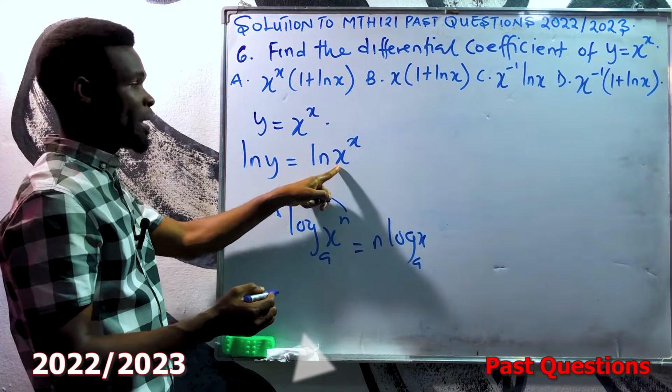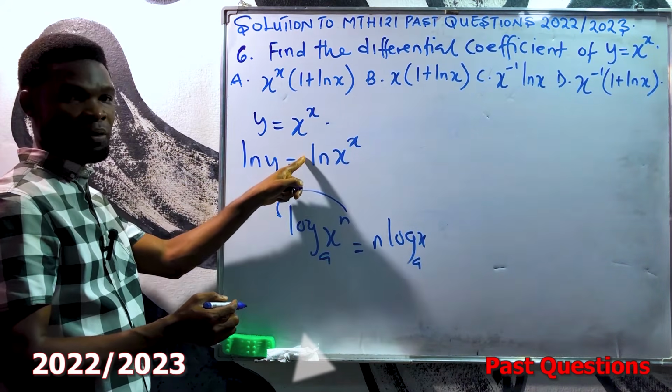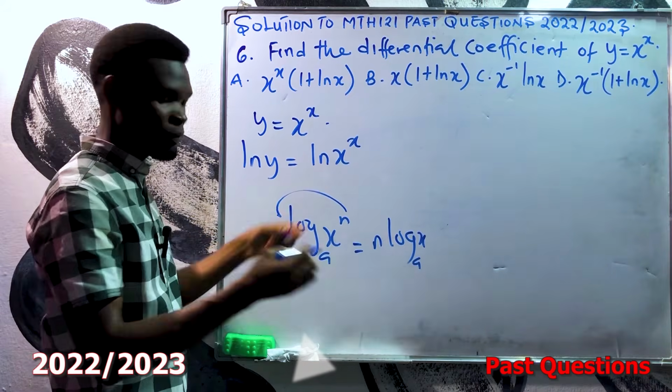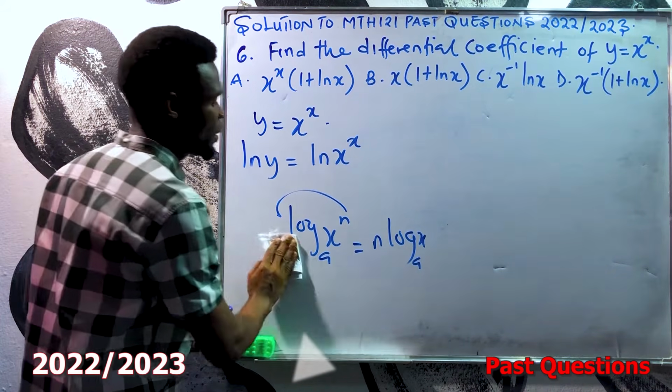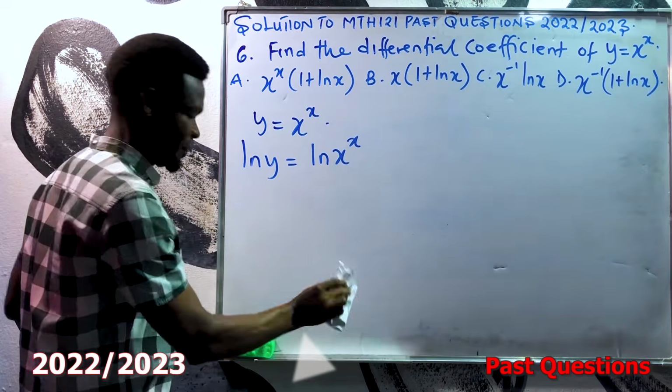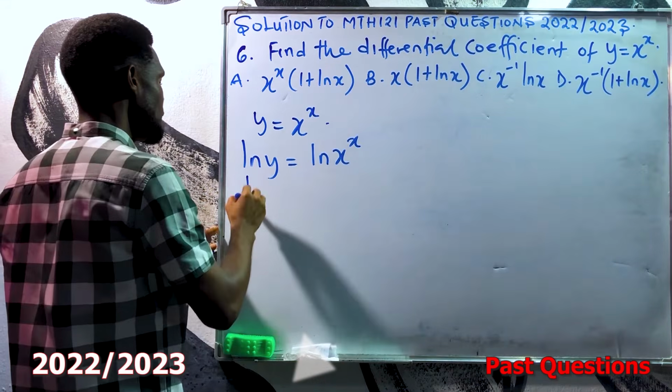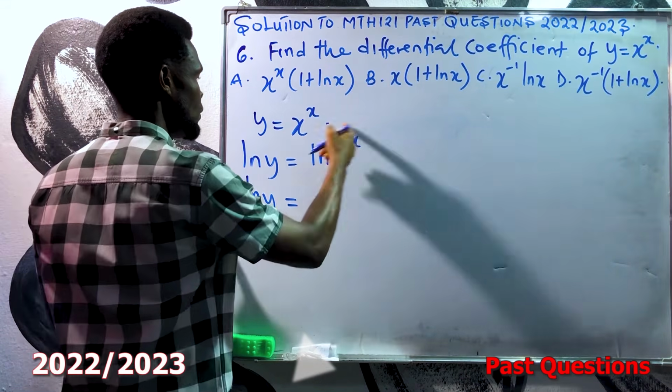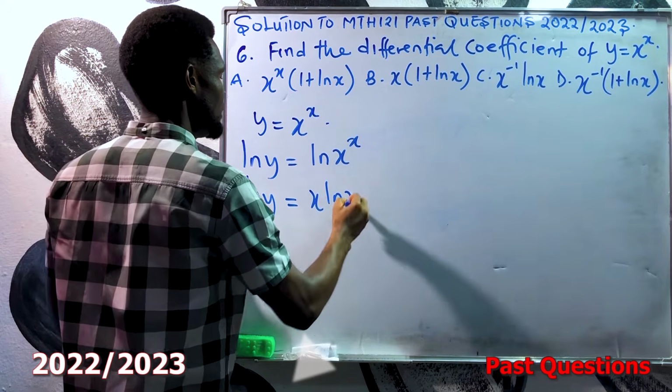That's what we are going to apply here, where this x will come to the front, because ln means log, a natural log, log base e. So that means that ln y equals x ln x.